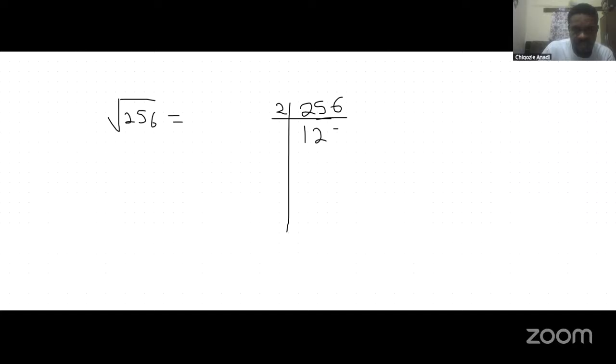Now 2 can still go. 2 in 12 will give us 6. 2 in 8 will give us 4. 2 in 64 gives 32. 2 can still go, giving 16. 2 in 16 will give us 8, 2 in 8 will give us 4, 2 in 4 will give us 2, and 2 divided by 2 will give us 1.